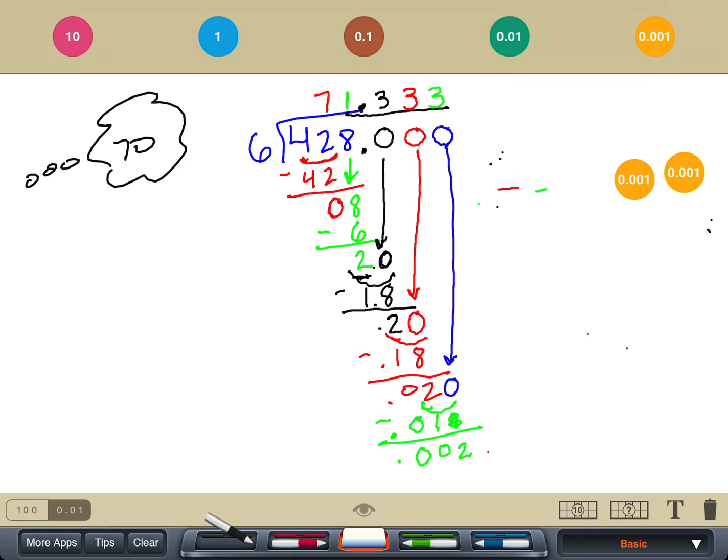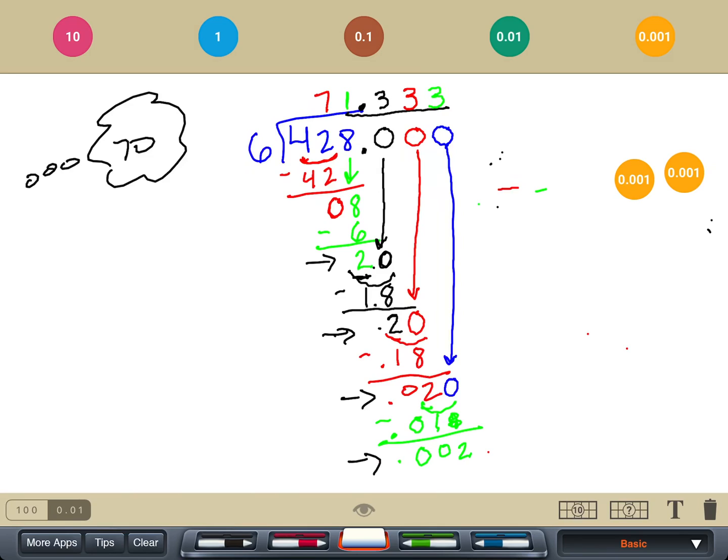Do you notice that we have 2 left, and then 2 left, and then 2 left, and then 2 left? We literally could go on forever renaming and renaming and renaming our decimals, and we would never get a final answer with this number.